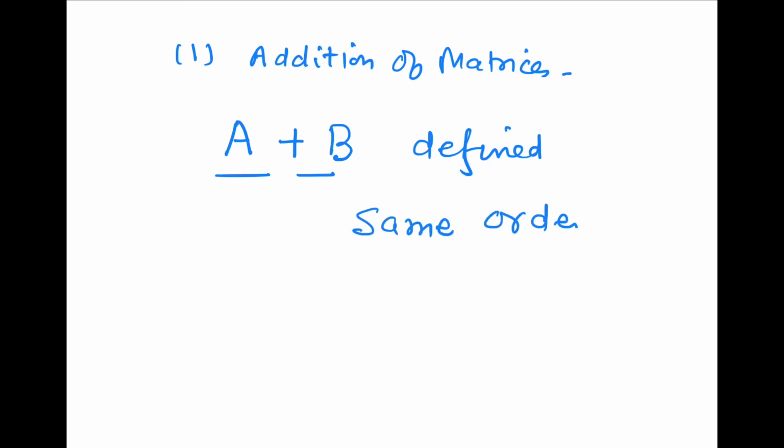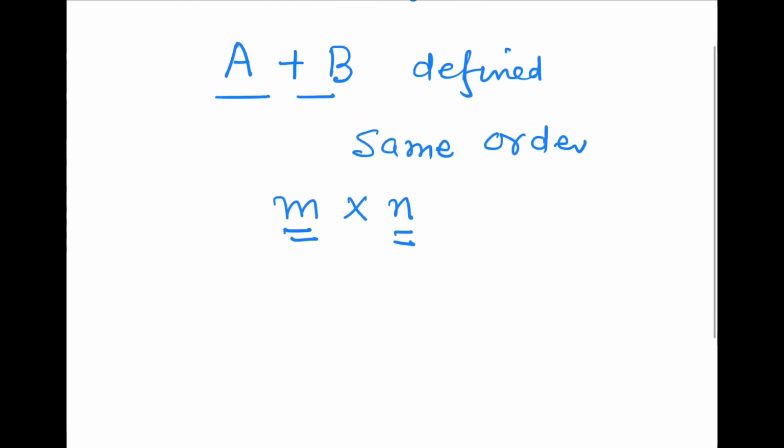Same order means their number of rows are equal and number of columns are equal; then only A plus B is defined. If they have a different number of rows or a different number of columns, then A plus B is not defined, or A plus B cannot be calculated if they are of different order.